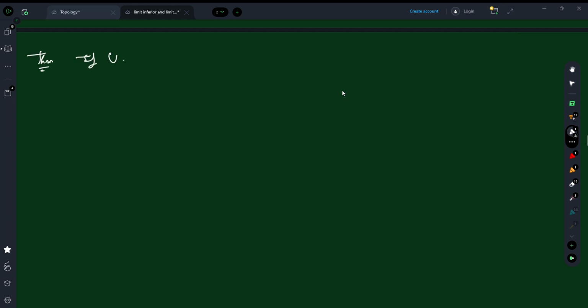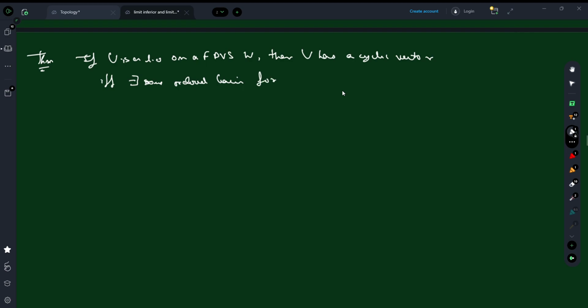The theorem says that if U is a linear operator on a finite dimensional vector space W, then U has a cyclic vector if and only if there exists some ordered basis for W in which U is represented as the companion matrix of its minimal polynomial.